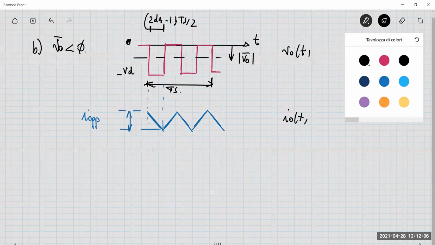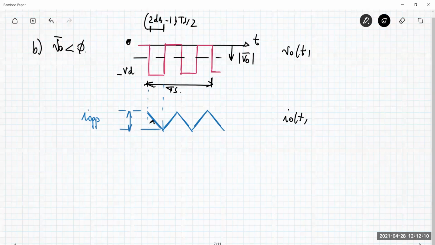So in order to find out the ripple, let me just discuss the slope. Slope here is, say, the instantaneous voltage, to which you subtract the average value. So it is negative Vd minus V naught over LA.